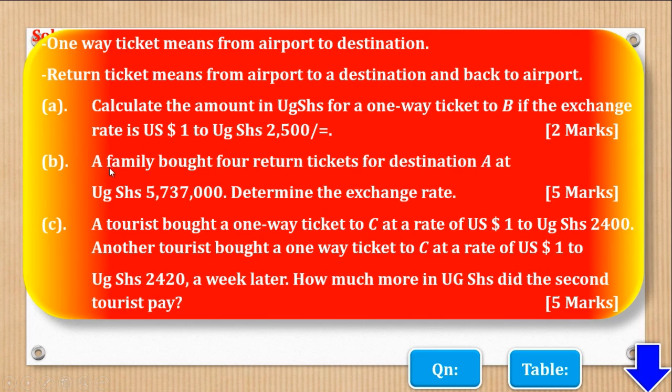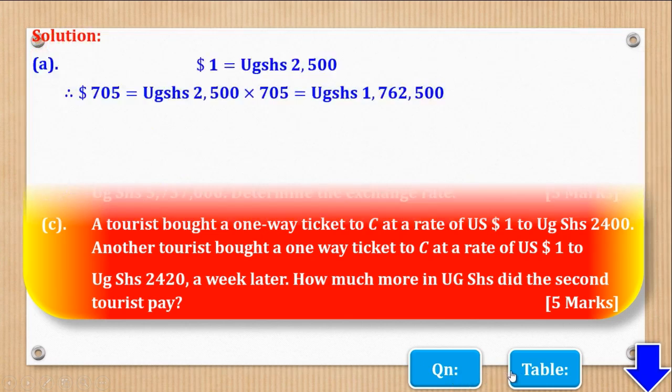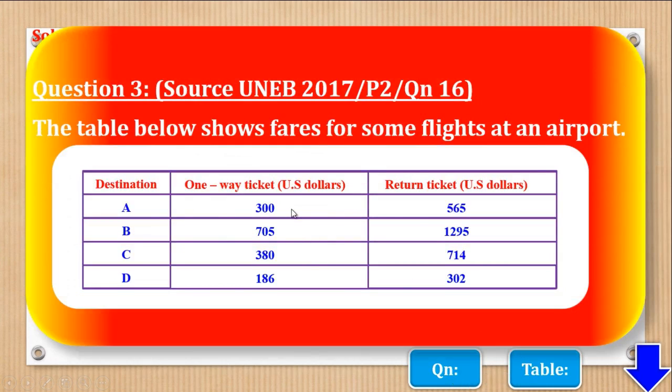So part B says a family bought 4 return tickets for destination A at Ugandan shillings 5,737,000. Determine the exchange rate. So they bought 4 return tickets for destination A. So what you are going to do, shall come at destination A and look for the rate for the return ticket, the cost.